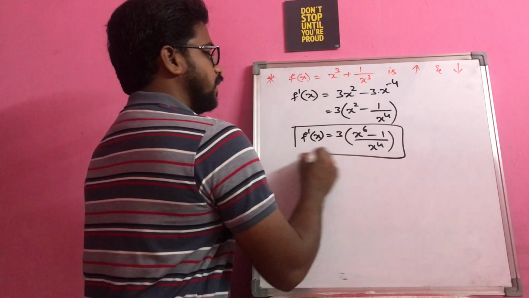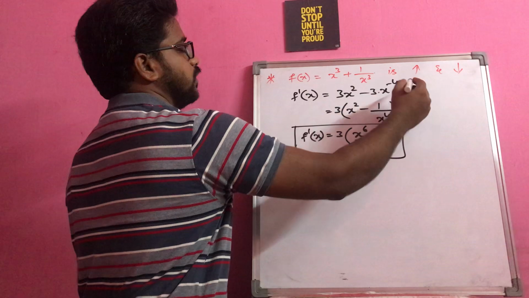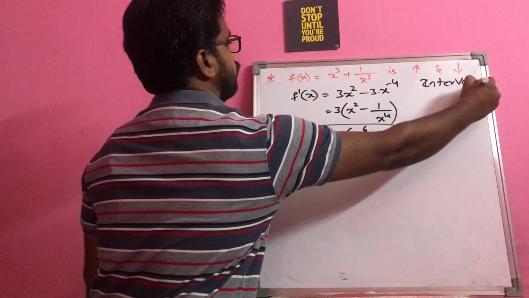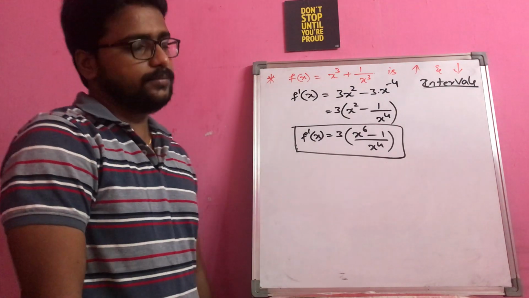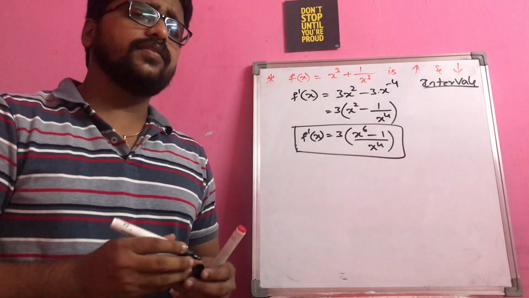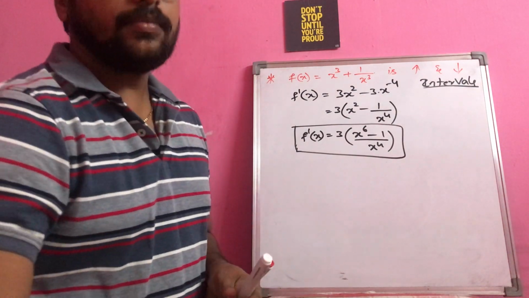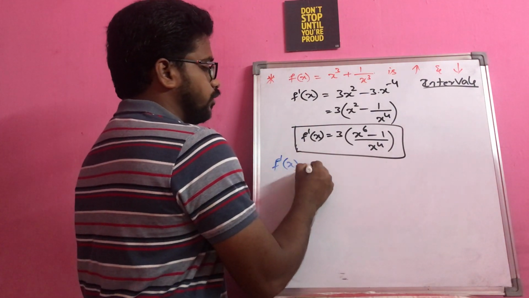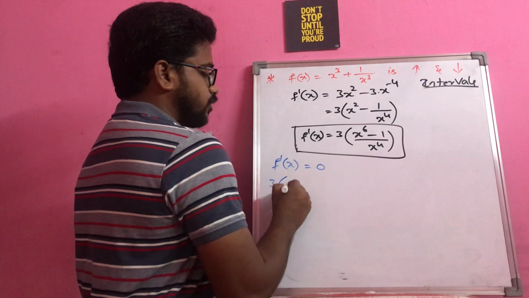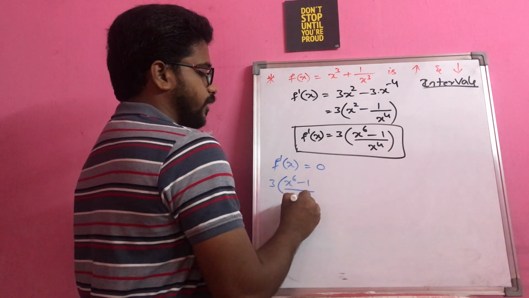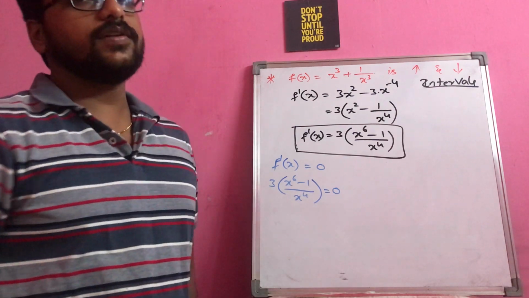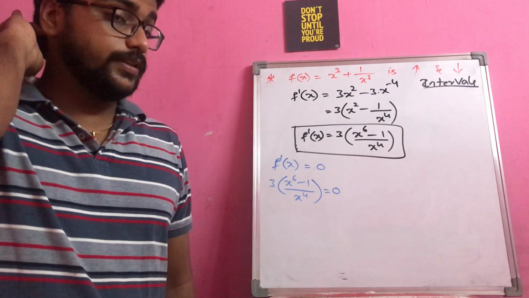So our next task is, as it is a question for finding the intervals in which the function is increasing or decreasing, we have to equate f dash of x to 0. That means 3 times x power 6 minus 1 divided by x power 4 is equal to 0. From this I will try to get the values for x.